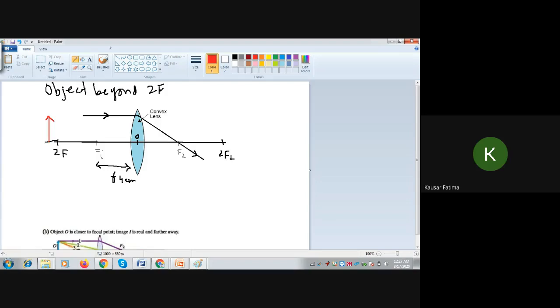We will take 2 rays, one ray from the top of the object. It will pass through f, and I have to elongate this ray. Now I'll take one more ray, coming parallel to the principal axis, and it will go through f2 on the other side, and another ray.